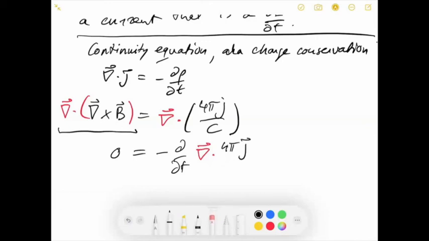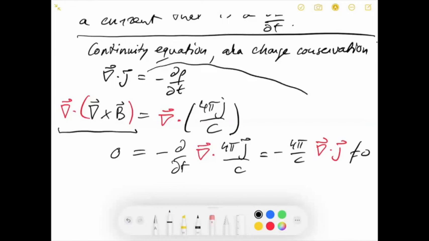So that means this is minus 4π over c times the divergence of J, which is now, according to this vector identity, 0, which cannot be because otherwise the charge is not conserved.